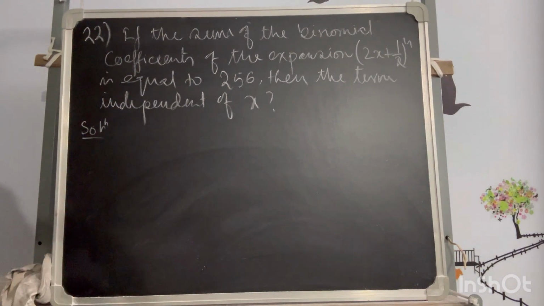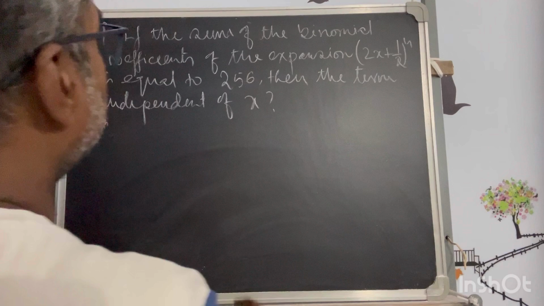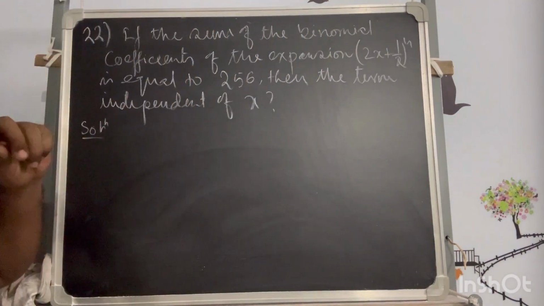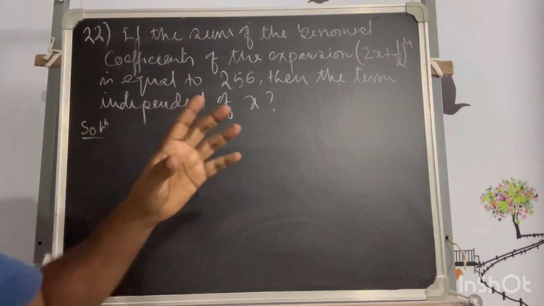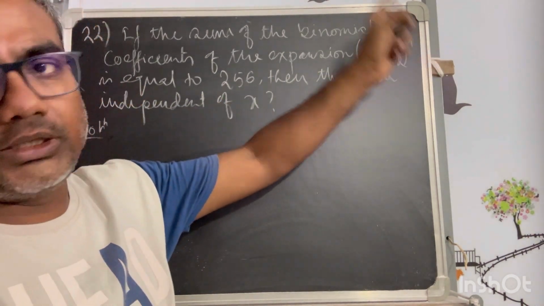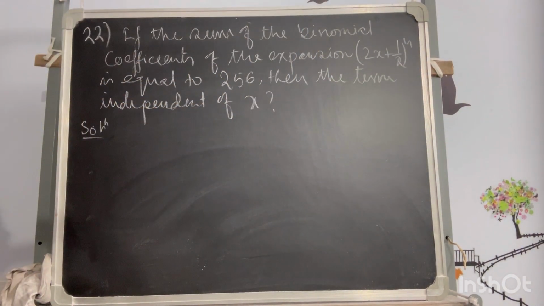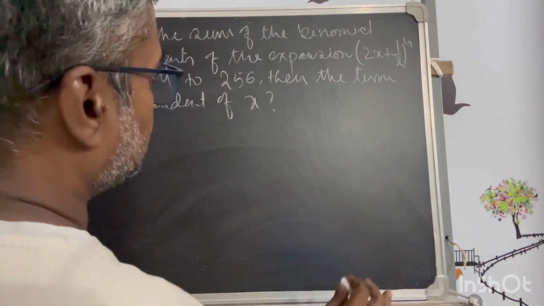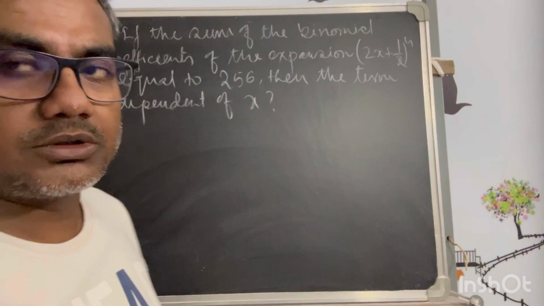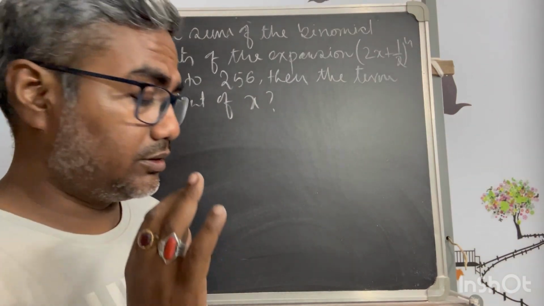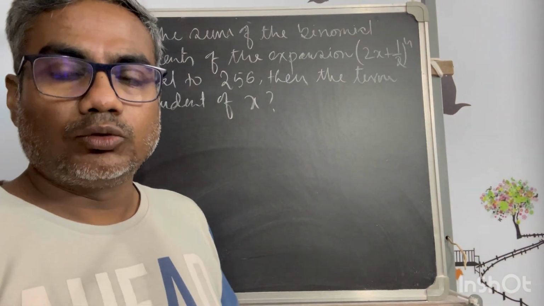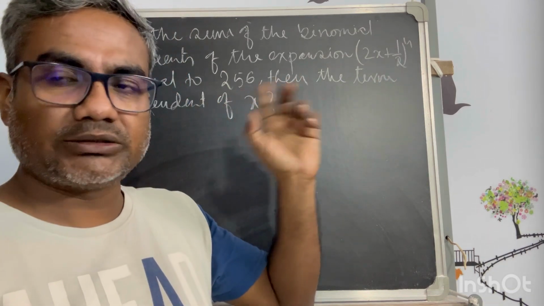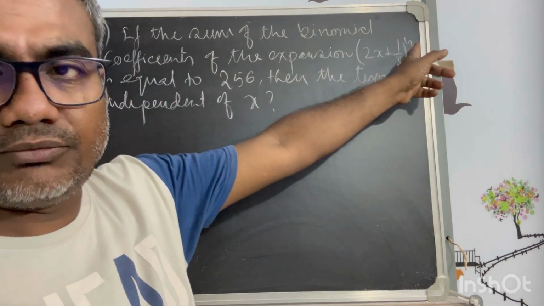What we have to find first: the sum of the binomial coefficients of the expansion is 256, which is given. Now we have to find the value of n from this information. For any binomial expansion, the sum of the coefficients depends on 2 to the power of the highest order of the binomial series.